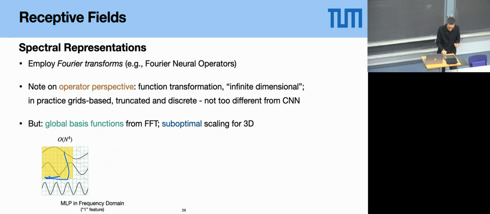And the important bit here is that FFT works with these basis functions, the different cosine terms of different frequencies, and they're actually global. So each of these is just indicated here in the sketch, but they actually have a global support. So by changing one point here, potentially I can change the signal in my whole domain.